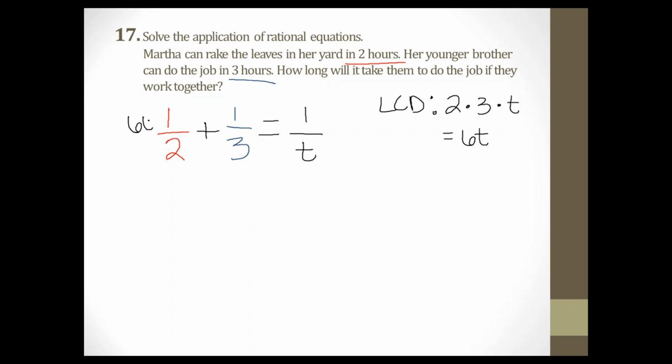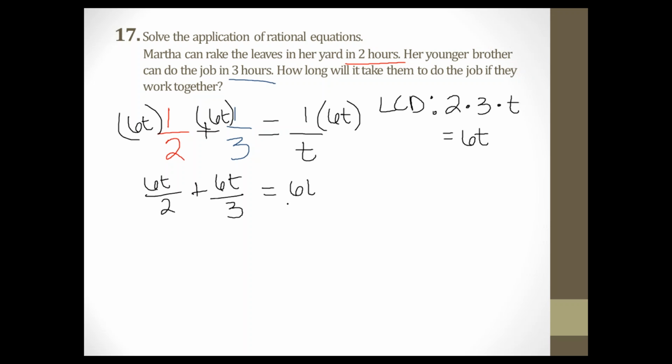I'm multiplying by 6t right here, 6t right here, and 6t right there. So 6t over 2, plus 6t over 3, equals 6t over t.